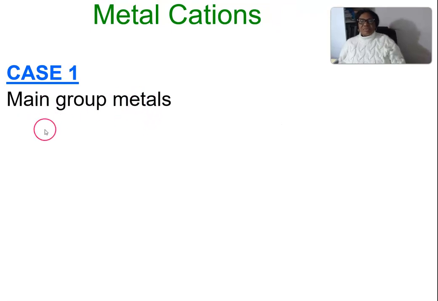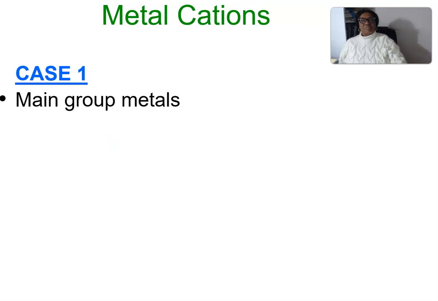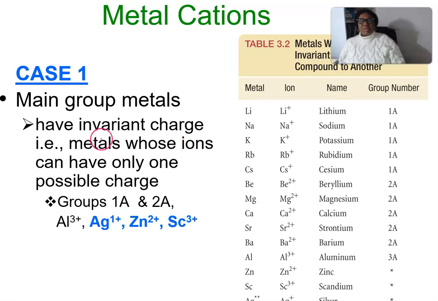Metal cations. Case 1. Main group metals. Main group metals have cations with invariant charges.